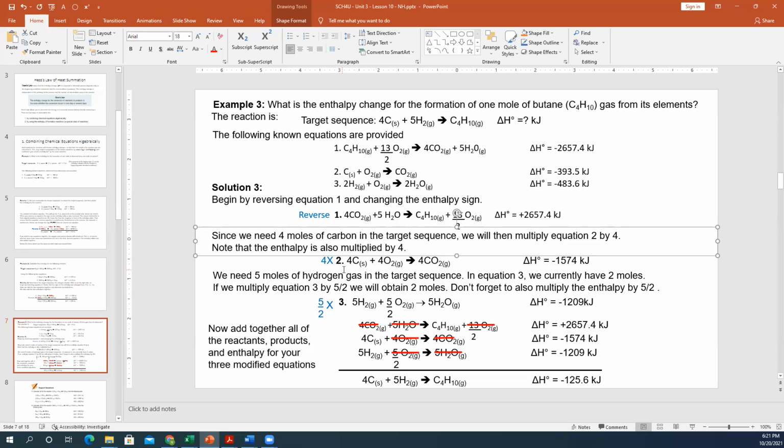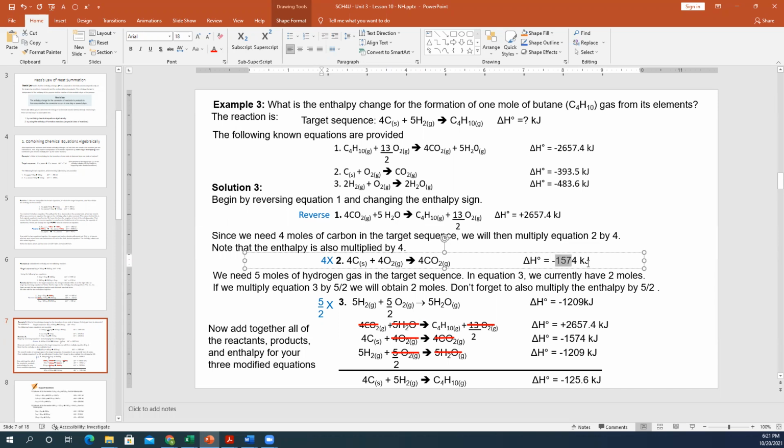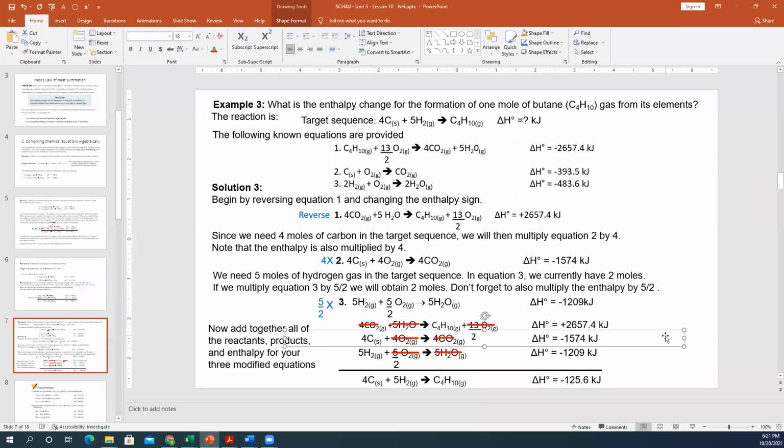It becomes 4 carbons plus 4 O2 molecules makes 4 CO2 molecules. Please note that our enthalpy value has also been multiplied by 4. So we have up to this point.